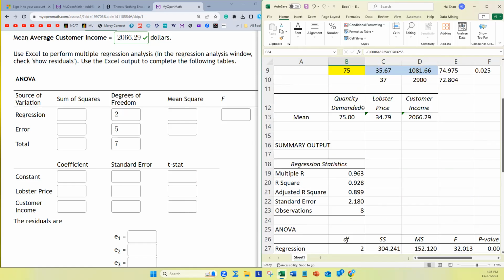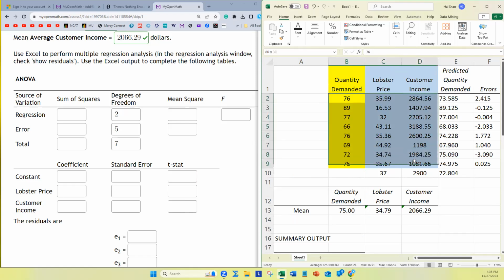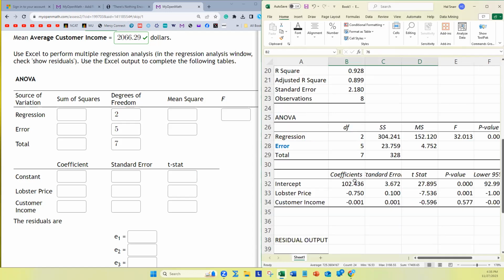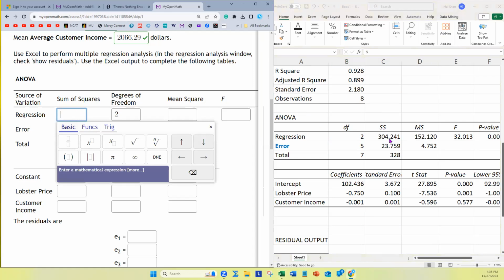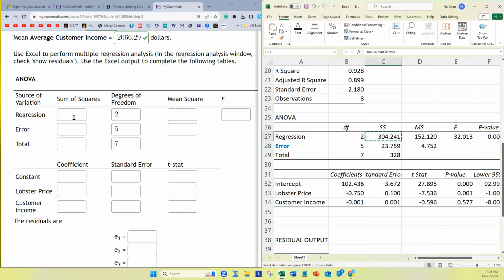Each row is an observation. So we had 8 observations minus 3 parameters that we estimate. 8 minus 3 is 5. Okay. So let's type in our sum of squares. I'm going to copy and paste.